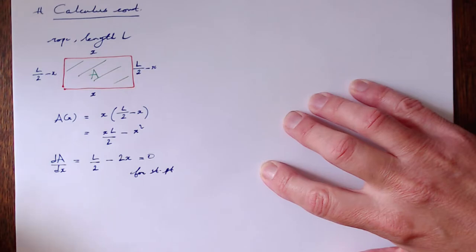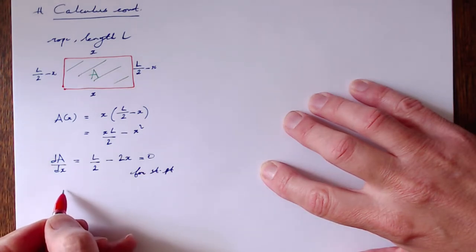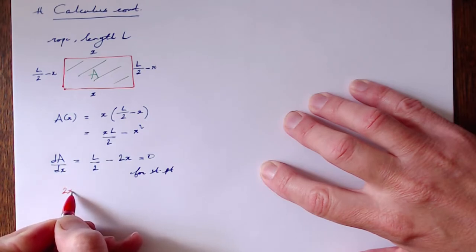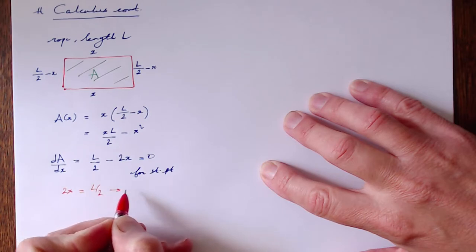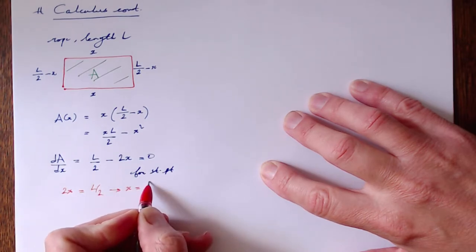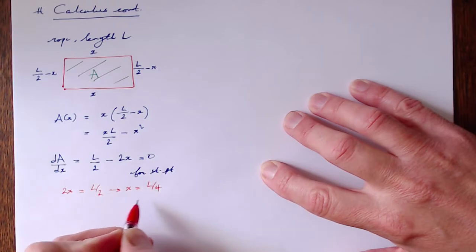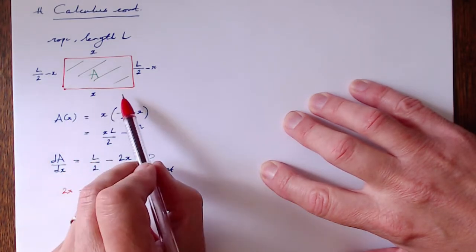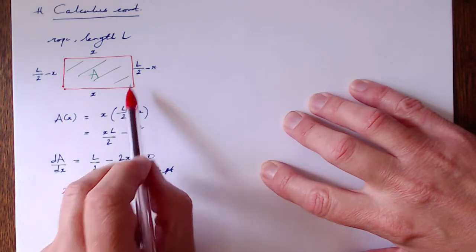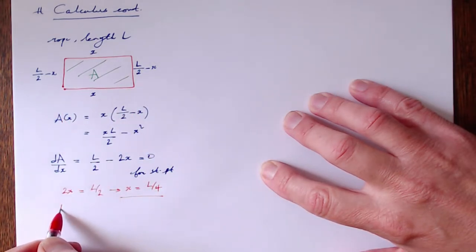So solving this simple equation here then, I have that 2x at the stationary point is equal to L over 2, and so dividing both sides by 2, I have that x is equal to L divided by 4. So if this side is L divided by 4, I can see what the other side is.